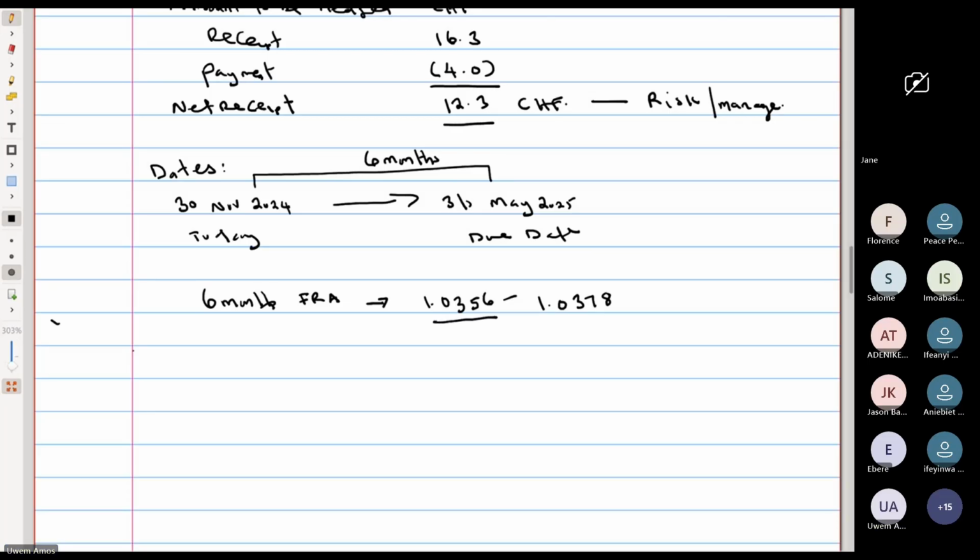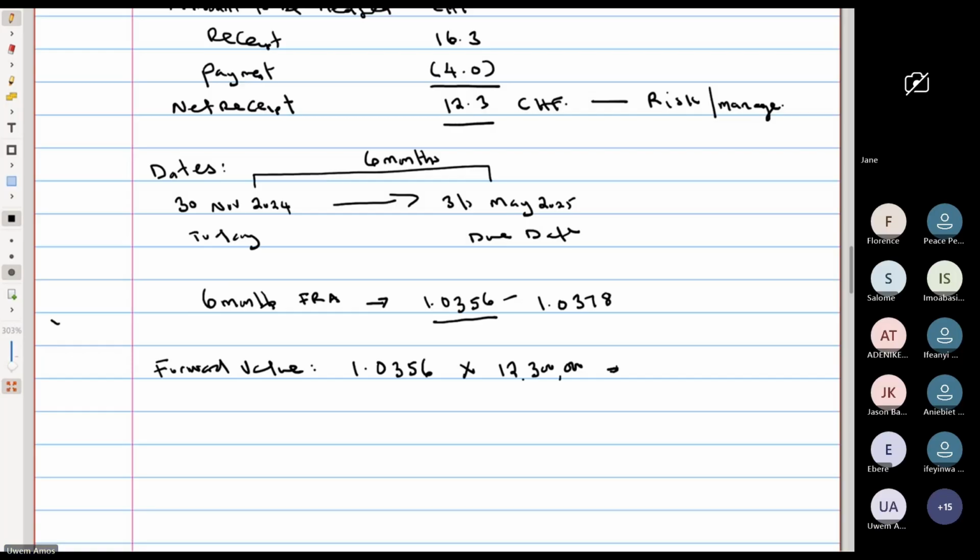1.0356. So the agreed amount, which is the forward value, is 1.0356 on 12.3 million Swiss franc.